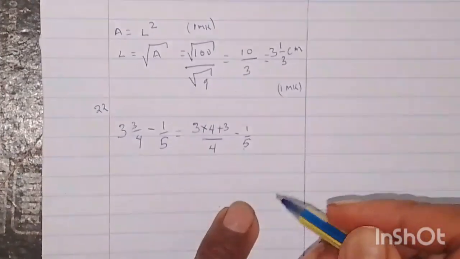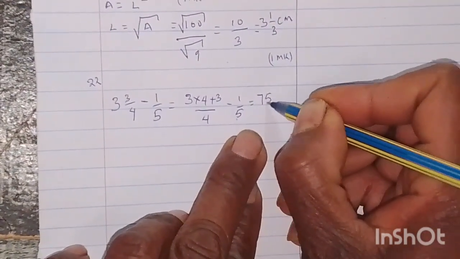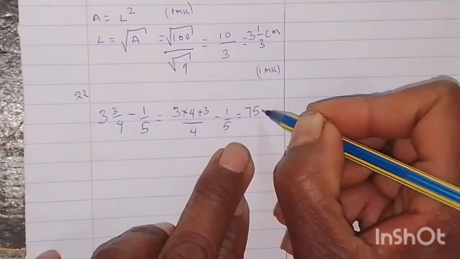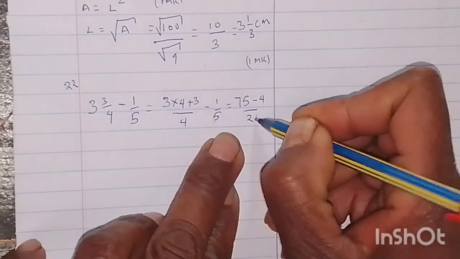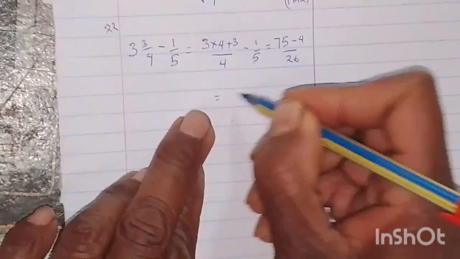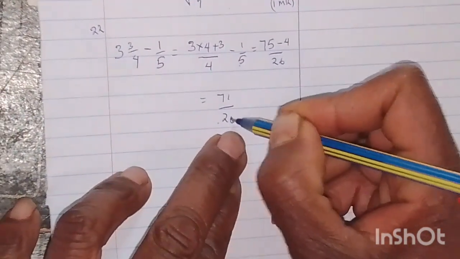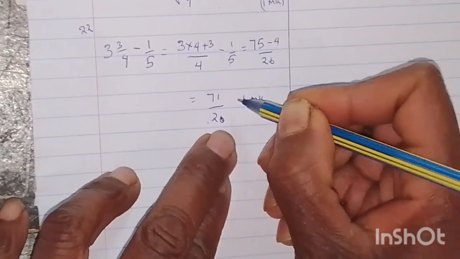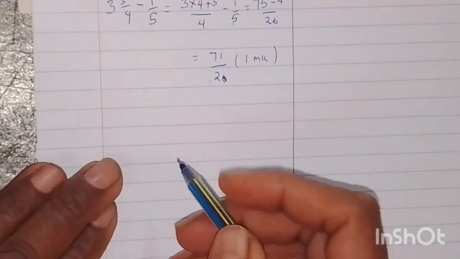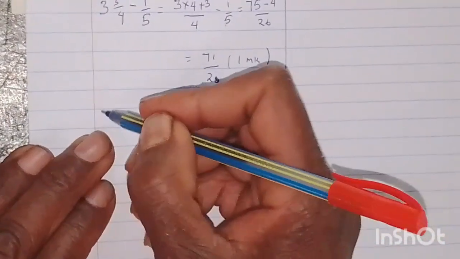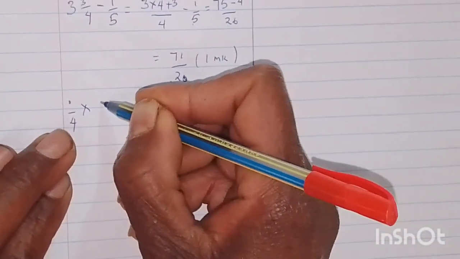This is equal to 75 minus 4 over 20 because of the LCM. And the answer to this is 71/20. This becomes 1 mark. The amount of sugar she remained with: she gave 1/4 of sugar to each of her 5 visitors.